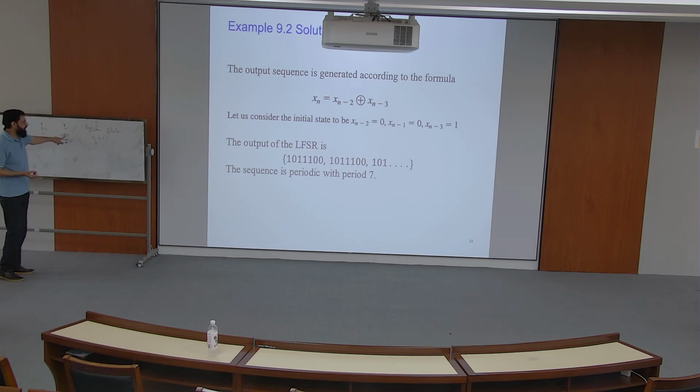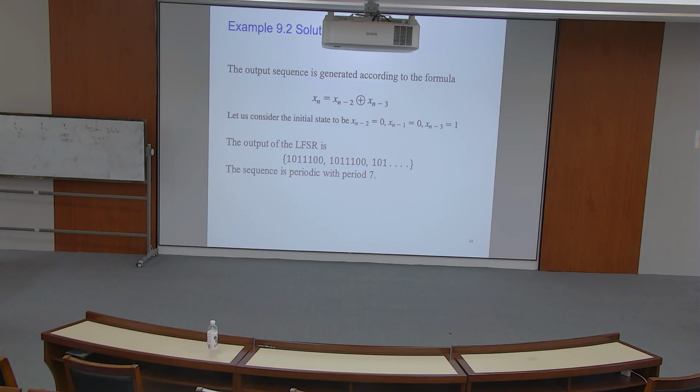You are given those states and you build on them, starting from here. So what is X of n? X of n is equal to X of n minus 2 plus X of n minus 3, which gives 1, so 0, 0, and then 1.